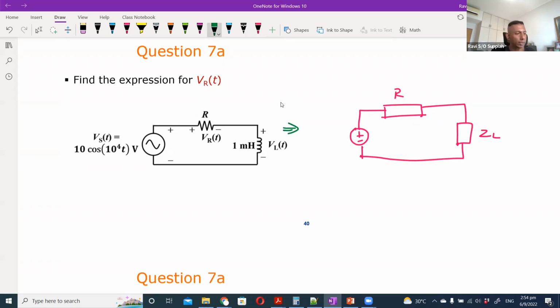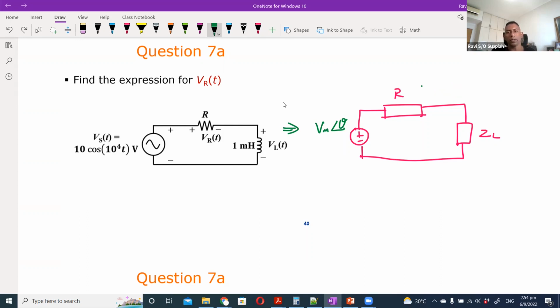So the Vs will become a phasor, Vm angle theta. Same thing here, VR angle theta. R is already expressed as it is, and ZL is basically the impedance, which is equivalent to the resistance when we convert to phasor.